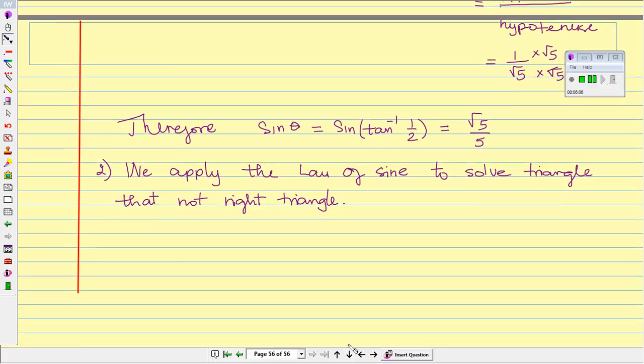And the law of sines can only apply for the following cases.